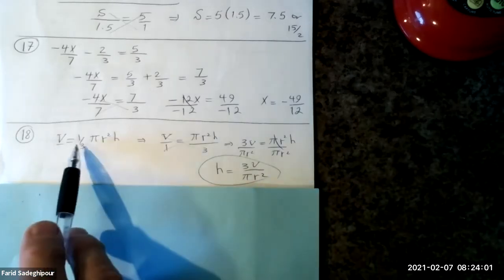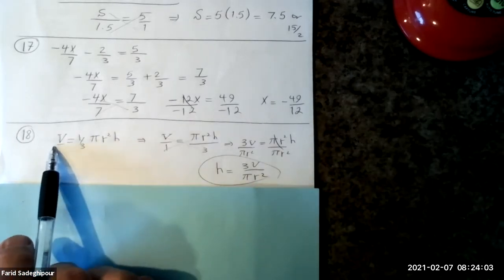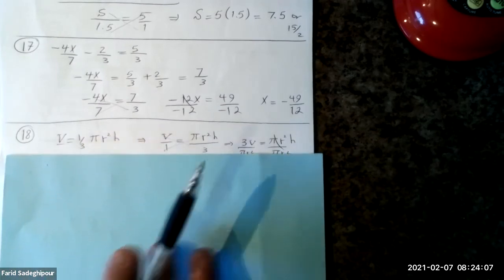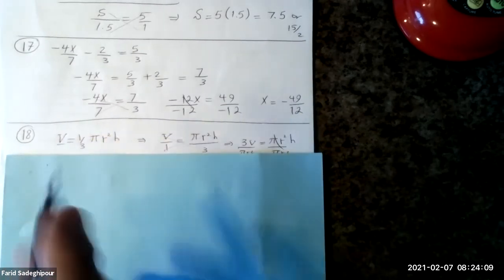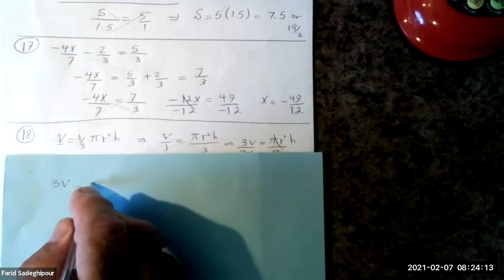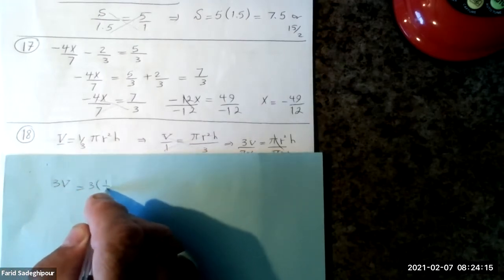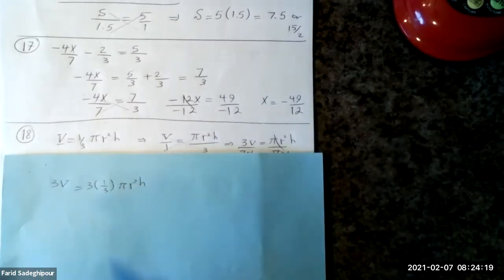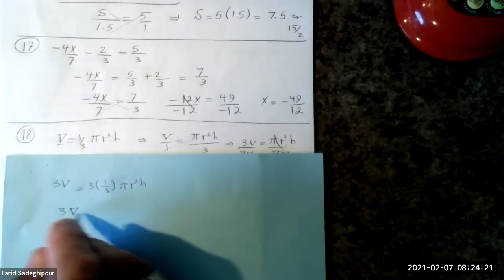Okay? So when you're dealing with a fraction, you could also multiply both sides by 3. You could do it this way too. In that case, if you multiply both sides by 3, this 3 and 3 cancel.